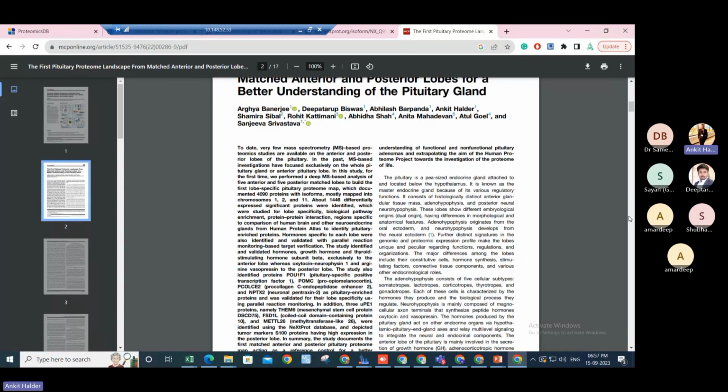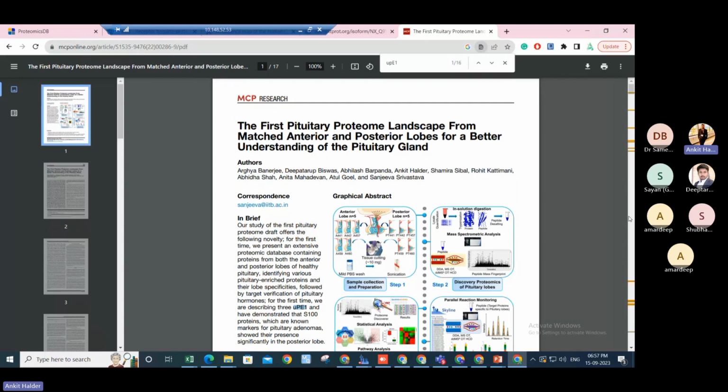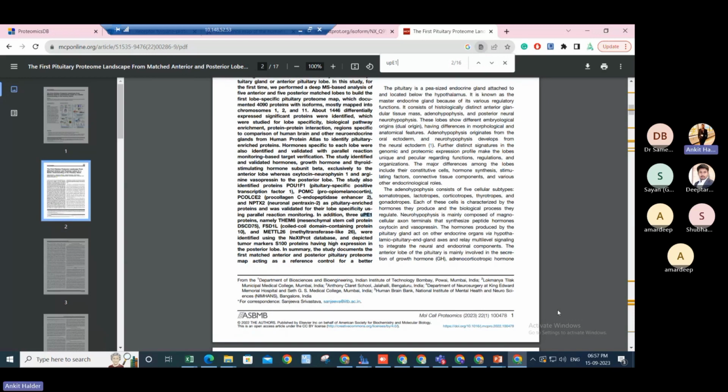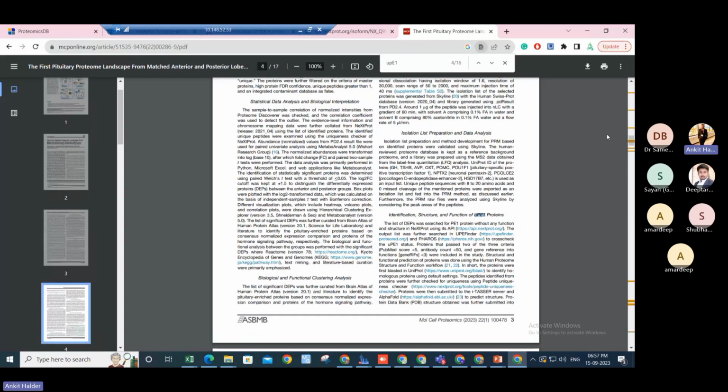Here we have reported certain UP1 proteins. Here we have followed a workflow to give the structure and the function of some UP1 proteins which do not have previously reported structure and function.